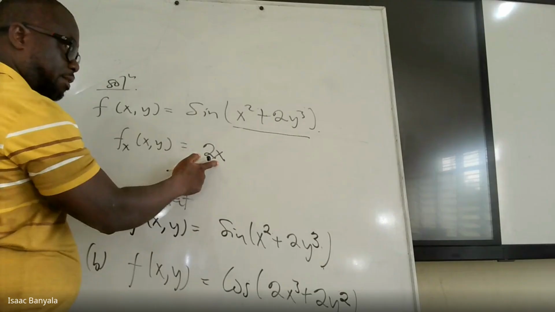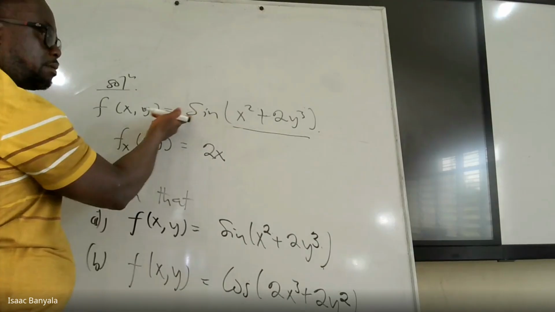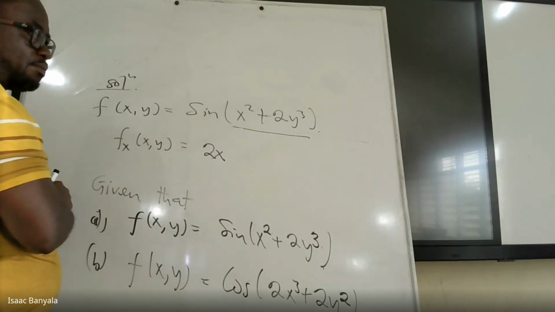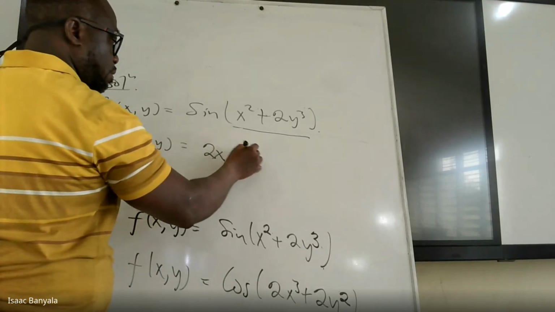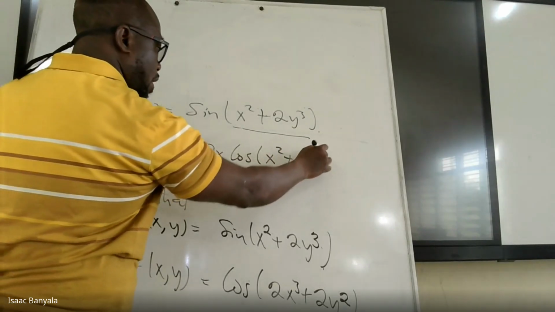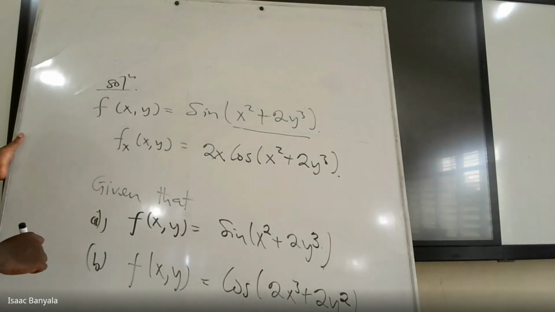Then we come to this one. If we differentiate sine, what do we get? We have a cos of (x squared plus 2y cubed). Any question over there?